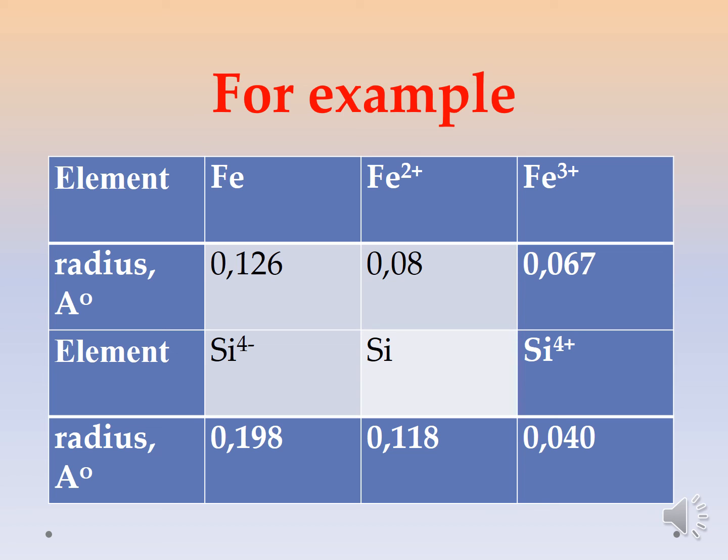You can see that if the charge of the ion is positive, the ionic radius is less than the atomic radius.